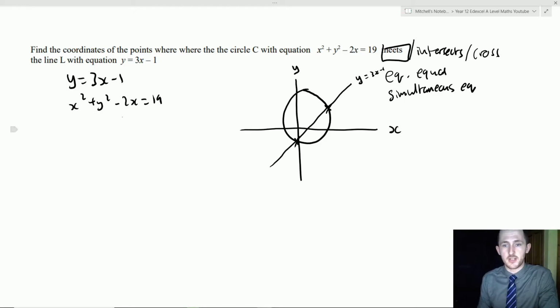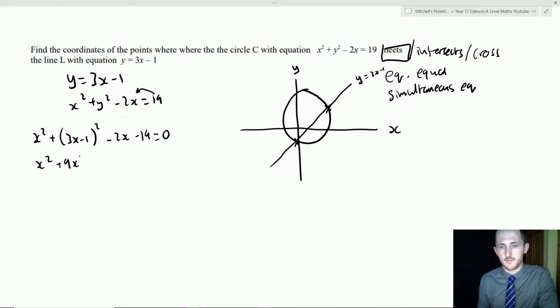I don't need to rearrange it, so let's just do x squared plus (3x minus 1) squared minus 2x. And I'm going to move this 19 over to the other side, so minus 19 equals 0. Okay. So expand the brackets now. We have x squared plus 9x squared, minus 3x twice gives you minus 6x. Minus 1 times minus 1 is plus 1.